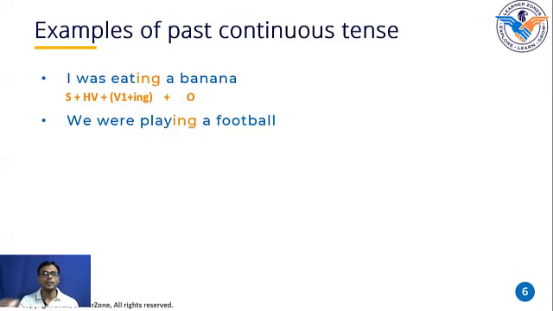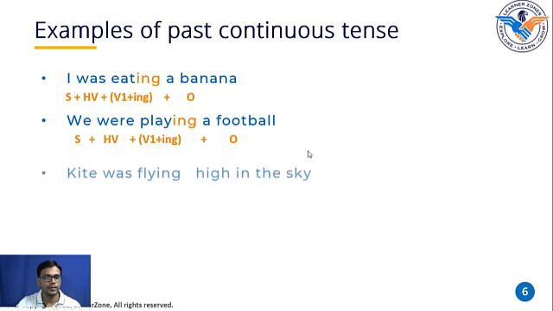Okay, we were playing a football. That's it. So the subject here is we, helping verb were. So we were playing a football. Play is the first shape of the verb, and I'm adding ing to it. Football is an object.